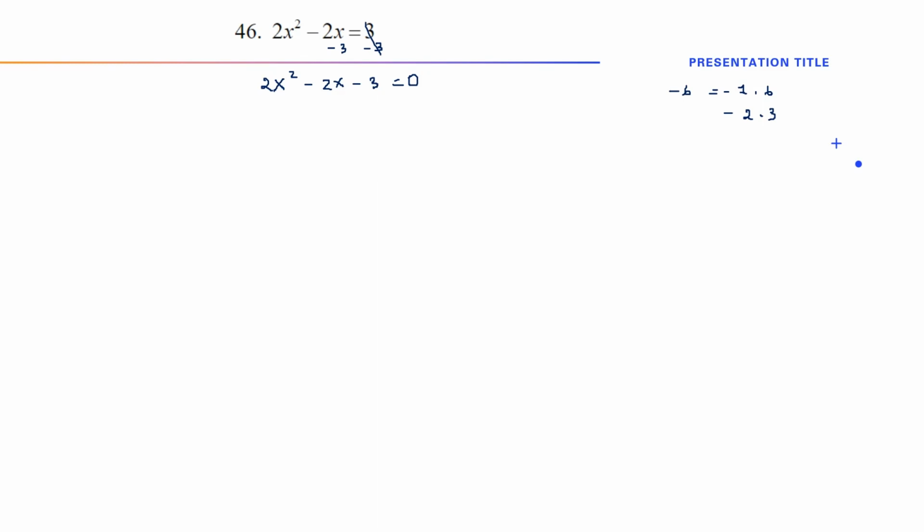So we can do x squared minus x equals 3 over 2. How do we get that? We divide both sides by 2.